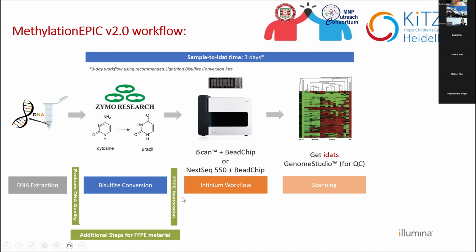If we are using FFPE material, like most of the times in the majority of the sites, I'm talking here about the molecular neuropathology outreach consortium sites, which are located in low middle income setups. So mostly we're using FFPE material. So there are additional 2 steps, one of them preceding and the other following bisulfite conversion.